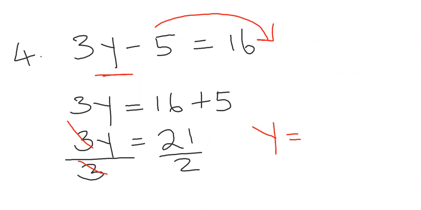This side, you are going to have 21 divided by 3, and that is going to give us a 7. So the final answer is y is equal to 7.